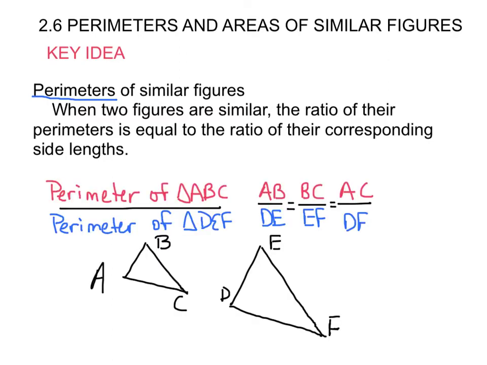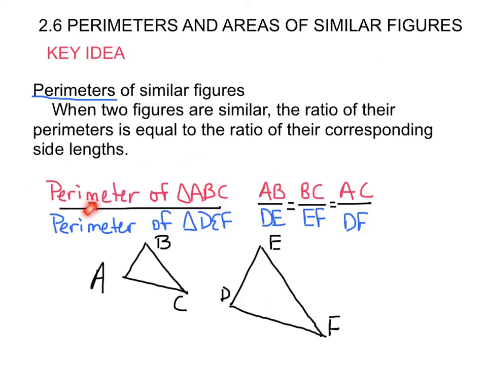So if we look at this, we already know that if these two triangles are similar, then AB and DE can be written as a ratio that is equal to the ratio of BC and EF, which is equal to AC divided by DF, because they're all equal ratios.